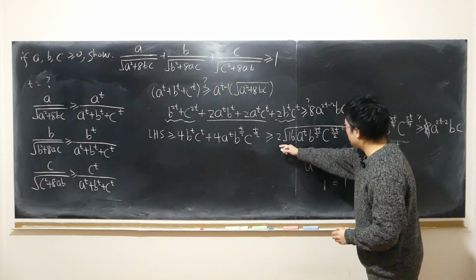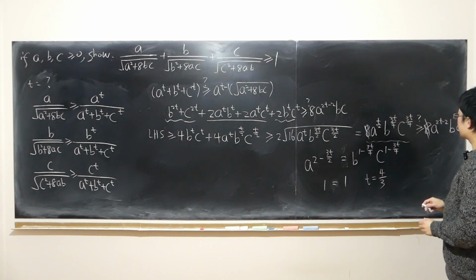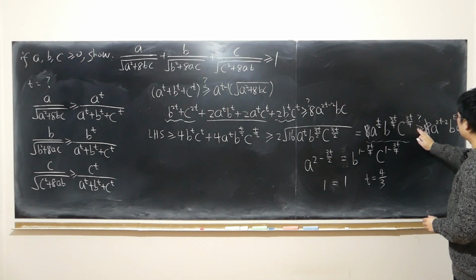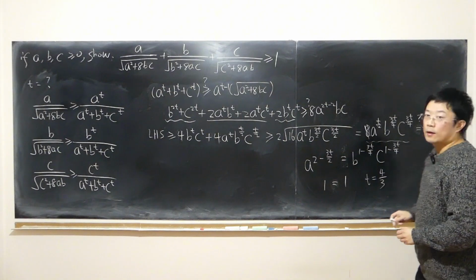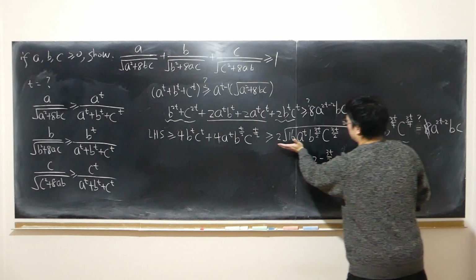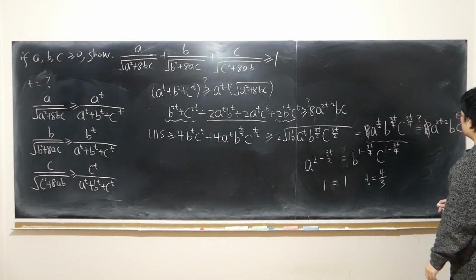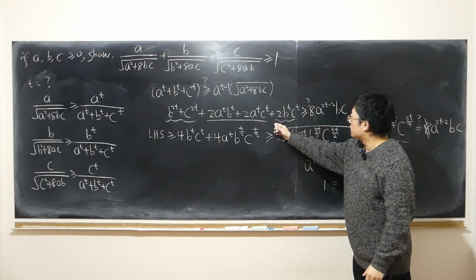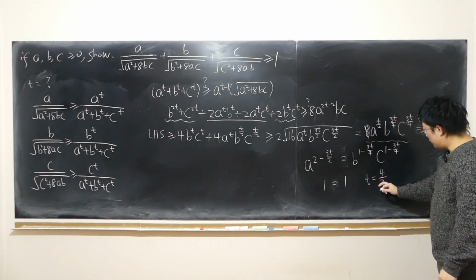This is always true, and this is equal. So when you have the left-hand side, it's greater than or equal to this part, greater than or equal to this part, which is equal to this part. So in the end, the left-hand side is greater than or equal to this part, when t equals 4 over 3.